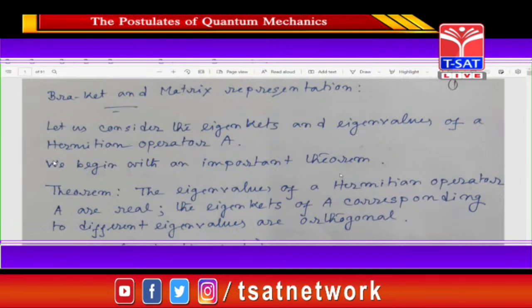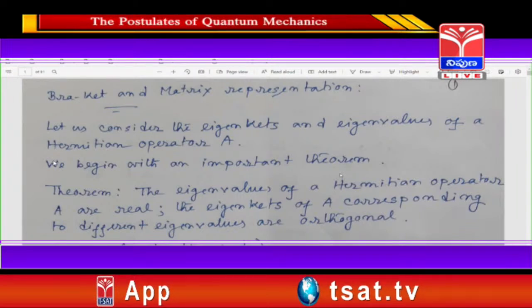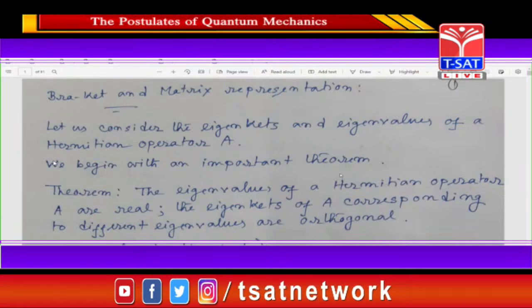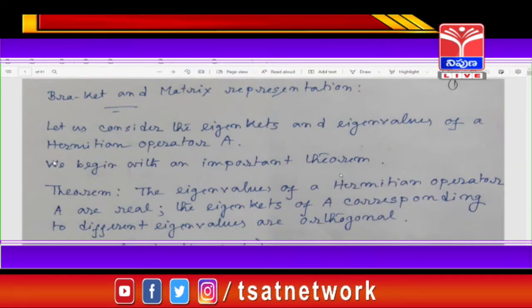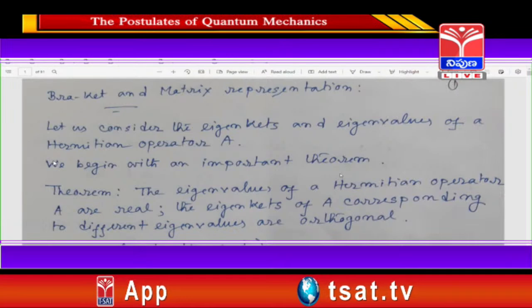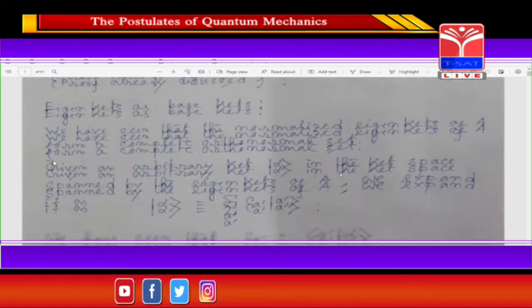For recapitulation, about a vector: a quantum state is represented by a ket vector in Hilbert space. There is a dual space associated with every Hilbert space, which is the space of bra vectors, and there are two sorts of multiplication. One is the inner product, which we explained previously, and there is something called the outer product.